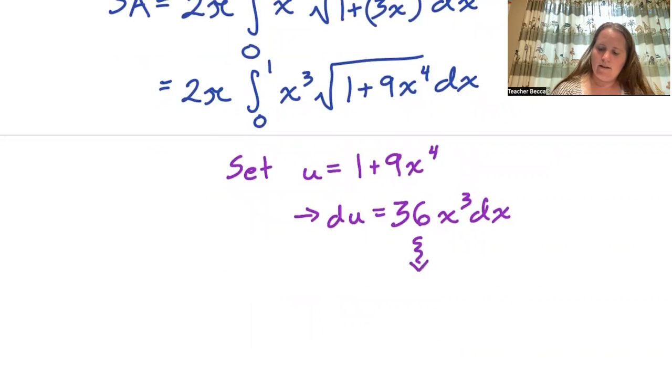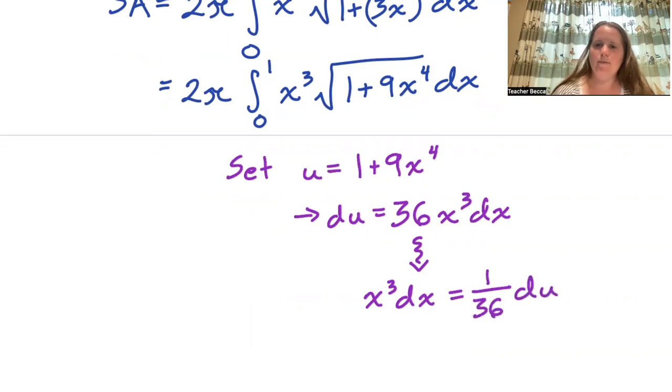So that means that x cubed dx is equal to 1 over 36 times du.